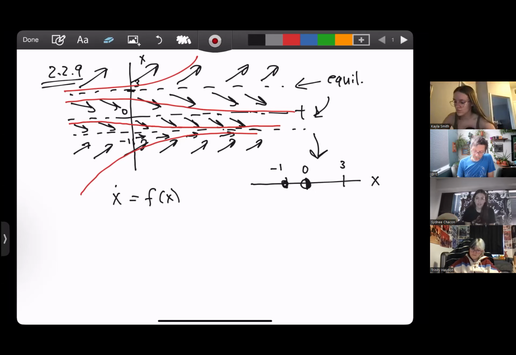Yeah, the one at 3 is completely unstable. So far, so good. Is that making sense? Yeah. Okay. Cool. So that means this flow here is like this. Nope, not at all like that. Actually, like that. Okay. So that's the first step.